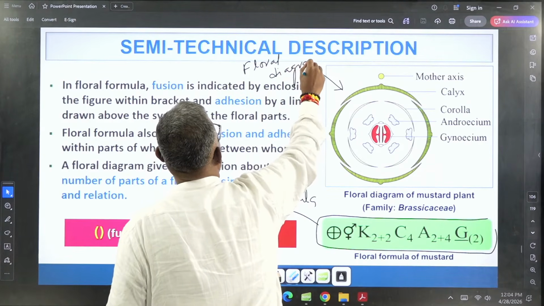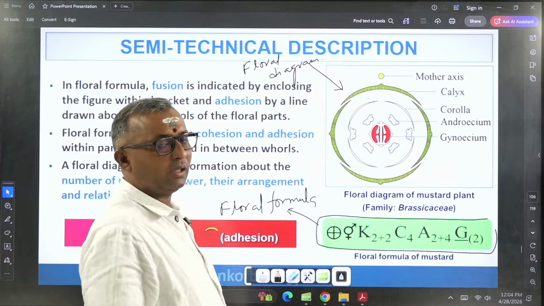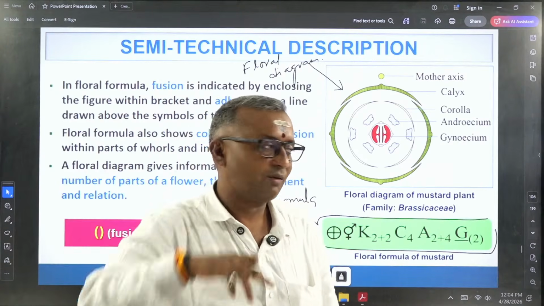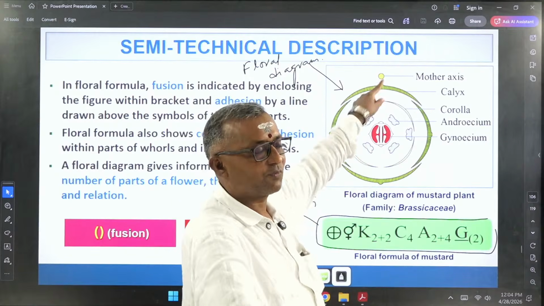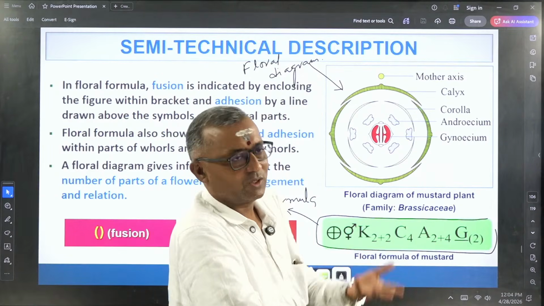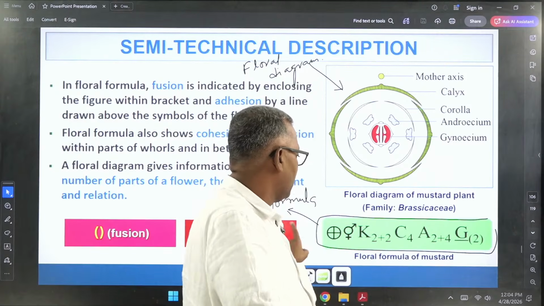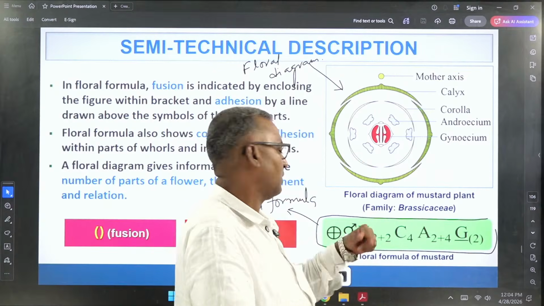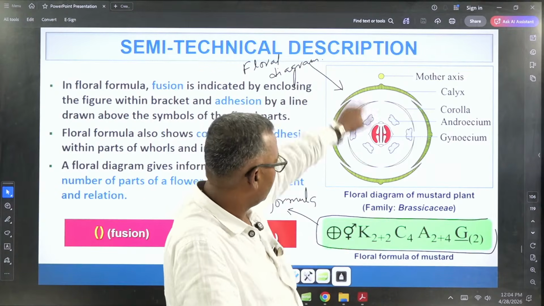That means all the details of a flower, if you represent in the form of a diagram, it is floral diagram. Similarly, all the information or details of a flower, if you represent in the form of a formula, it is floral formula.